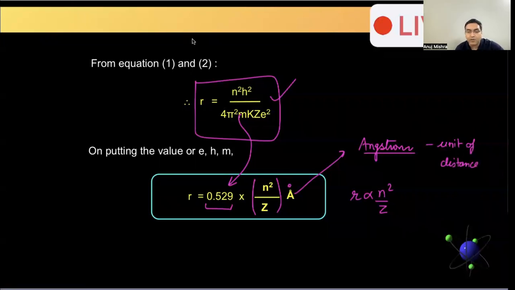Any problem in this? Any issues up to this part? Clear? Just one. Okay. All of you comfortable up to this part?